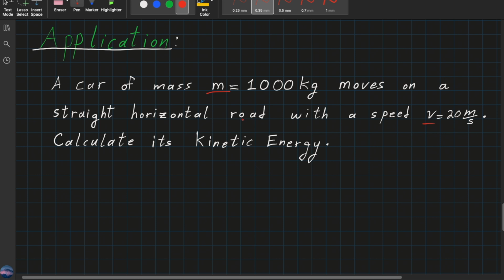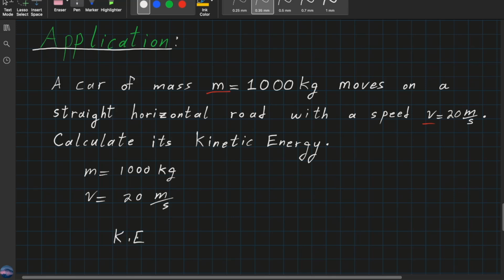The question wants us to calculate the kinetic energy of this car. The mass of the car is 1,000 kilograms, which is already in SI units. The speed is 20 meters per second, which is also in SI units.